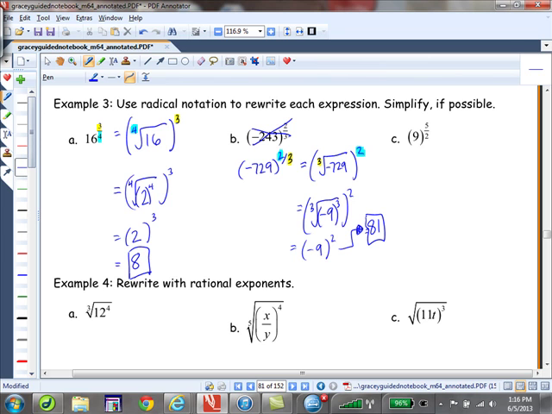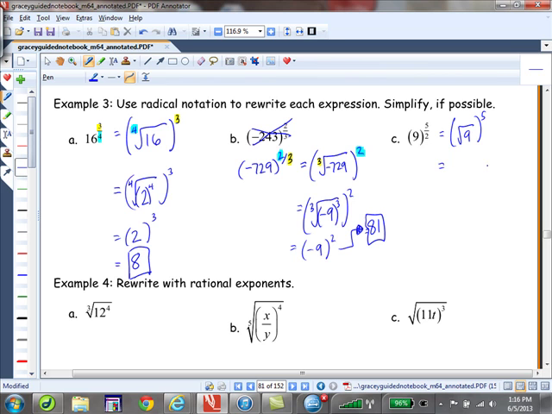Okay, next up, part C. So here, 9 is a perfect square. So remember, power over root, so it ends up that this is equivalent to the square root of 9 raised to the 5th.